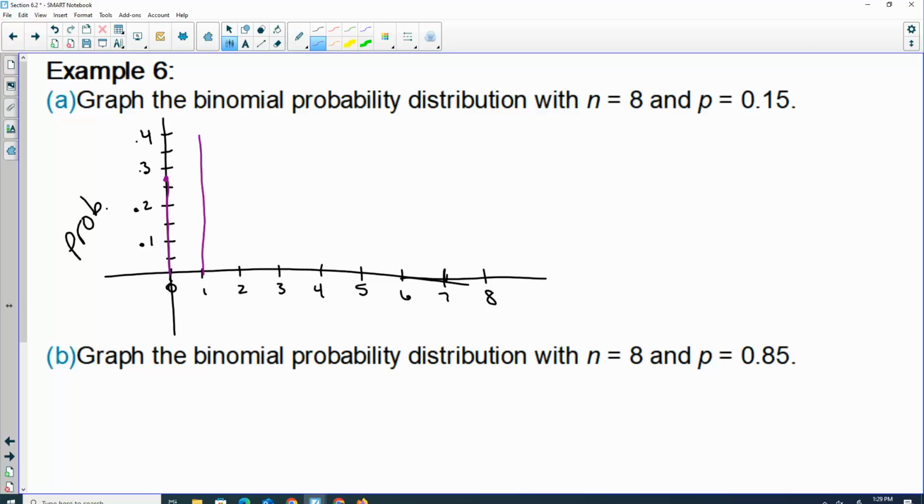Two is 0.24-ish. 3 is 0.08. 4 is 0.0185. 5 is 0.002. 6 is 0.0002, and the rest are just like zeros, they're so small.